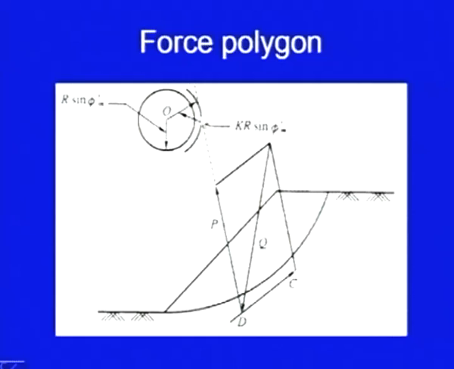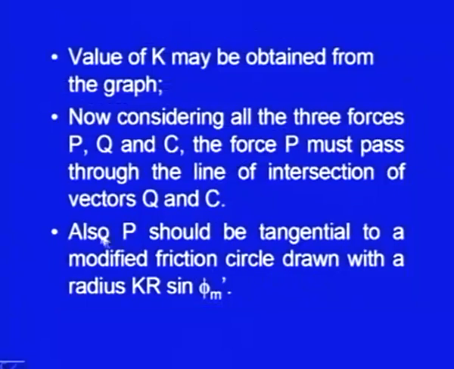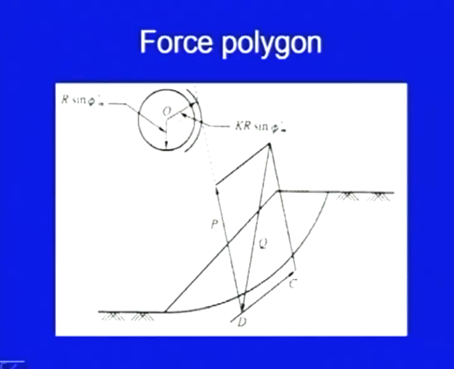The line of action of C is also available, and P should be tangential to the modified friction circle drawn with the radius k r sine phi m dash. So, as per this diagram, this is the modified friction circle, P should be tangential to this, and then for the limit equilibrium case, this particular force polygon should be satisfied.